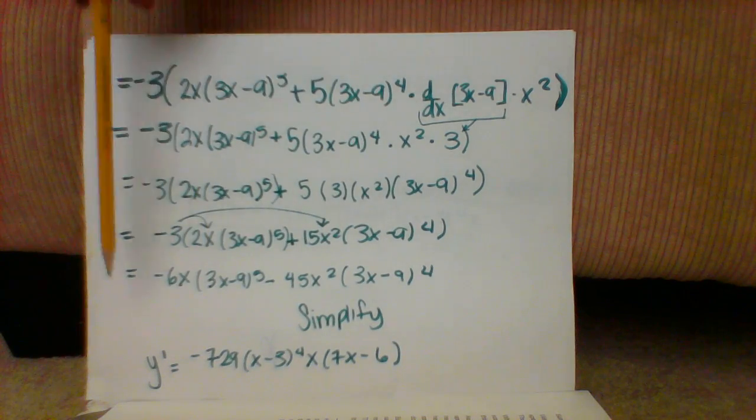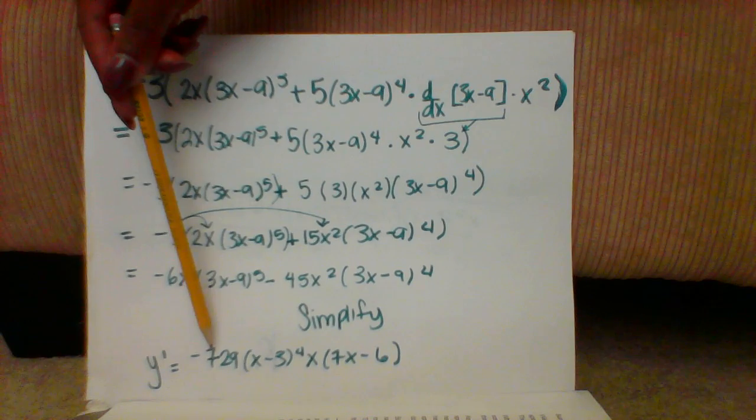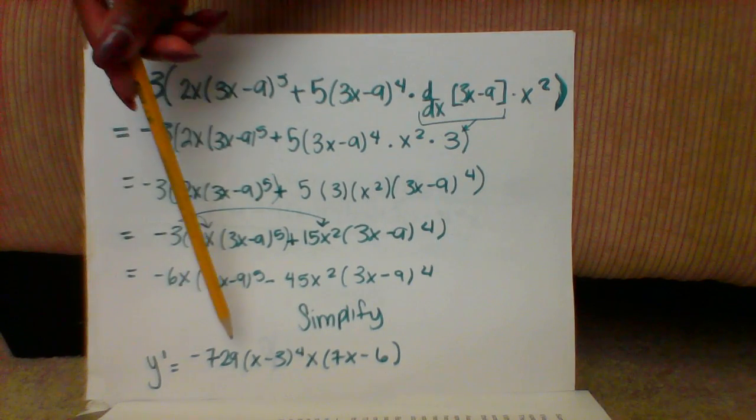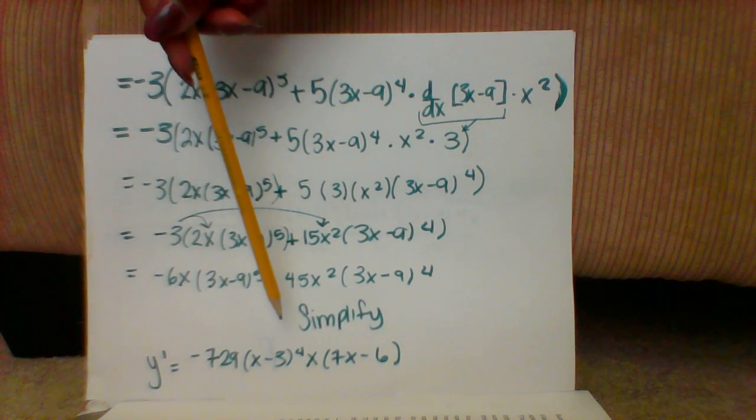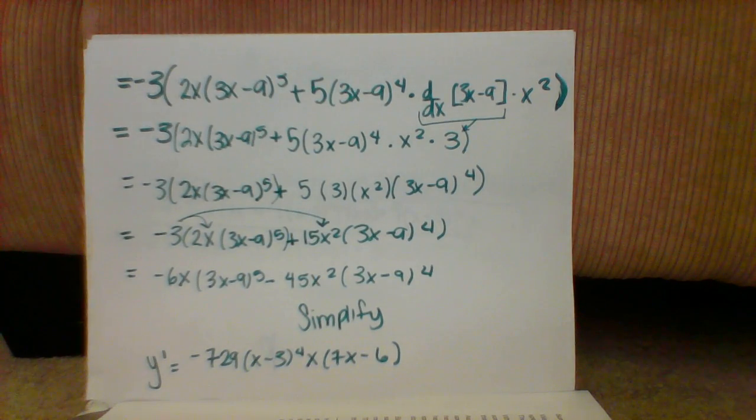Then we simplify, and your first derivative should be negative 729 times (x minus 3) to the 4th power times x times (7x minus 6).